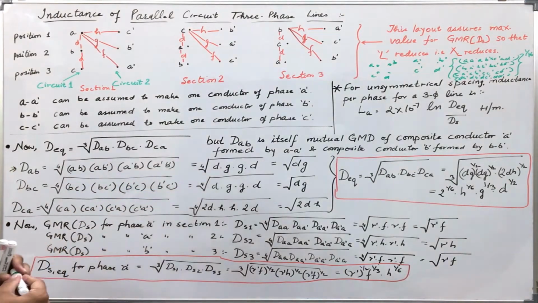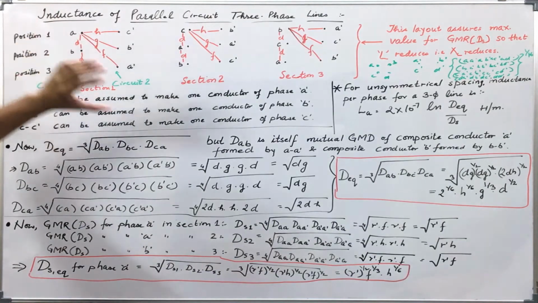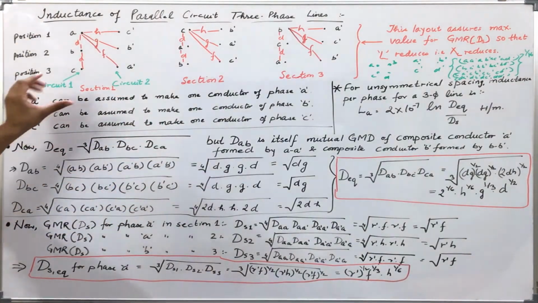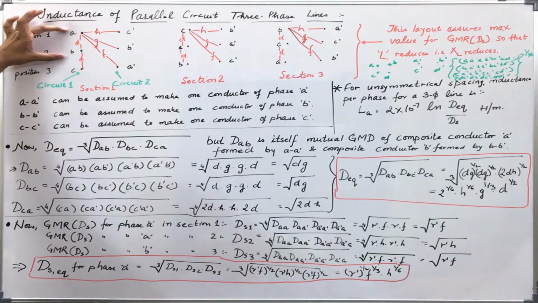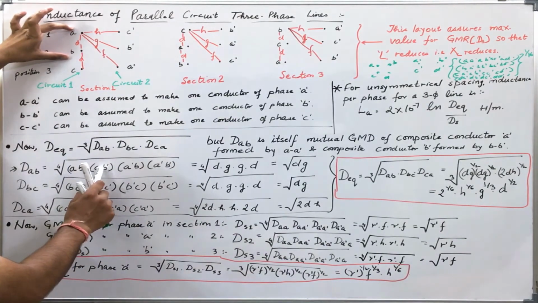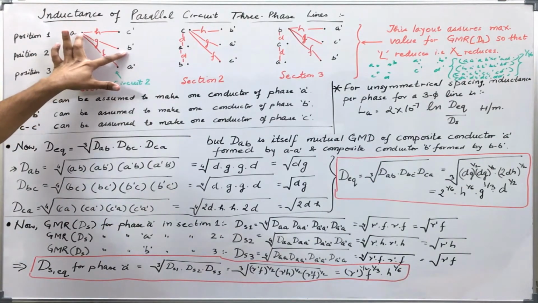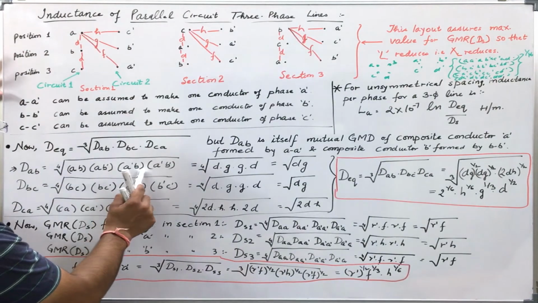So you can see the distances I have already marked between the 2 conductors. What is AB? AB is just D. What is AB dash? AB dash is just G. What is A dash B?